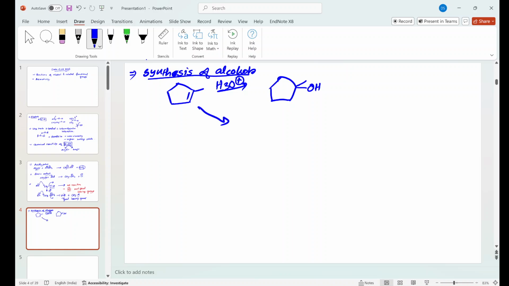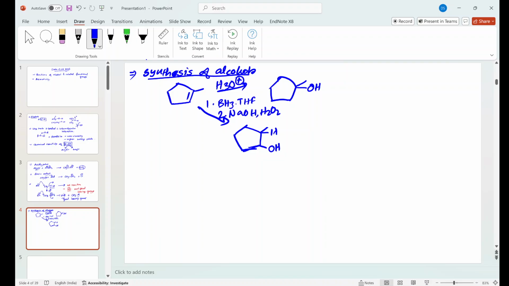You can use boron chemistry, BH3 THF, and in the second step you need to use the peroxide so that you will get the regioselective hydroxylated product.